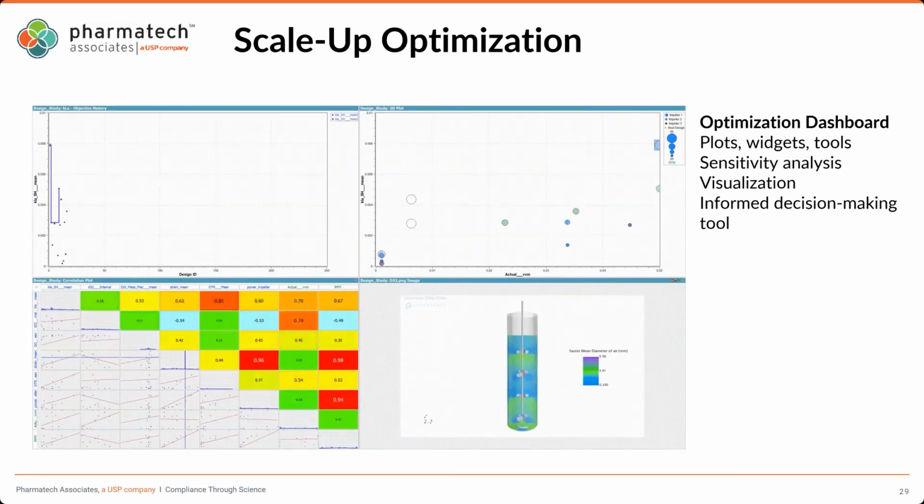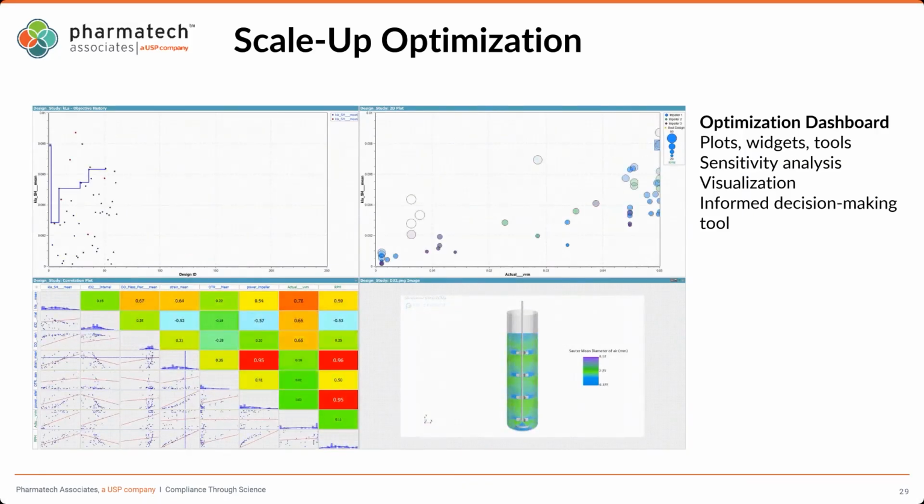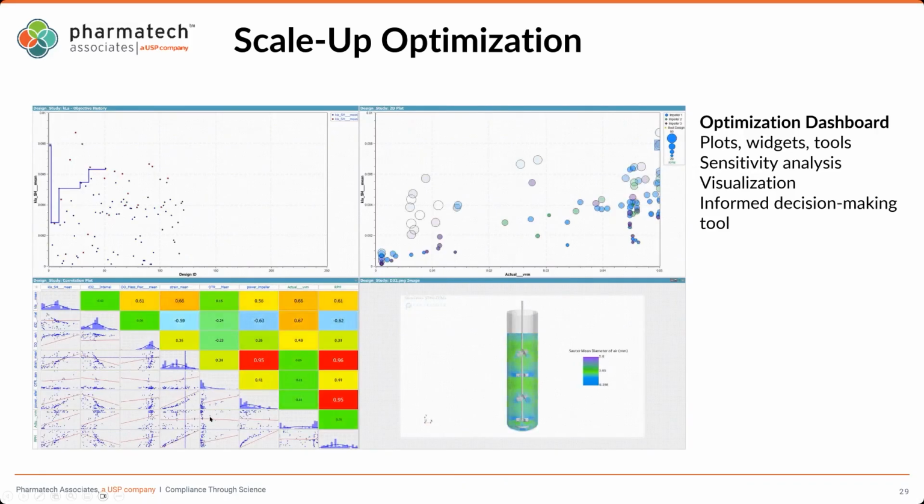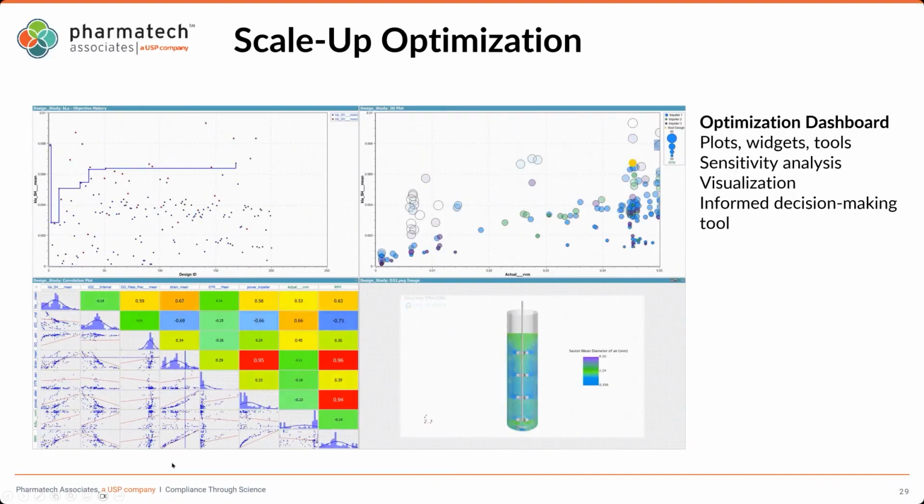And on the top right, we can have multiple different dashboards. Here, I'm just showing the VVM versus KLA. That shows us where these points are located. The lower left is the response factors from the models and the different parameters. Now we are running 200 different designs. We're collecting a lot of data.